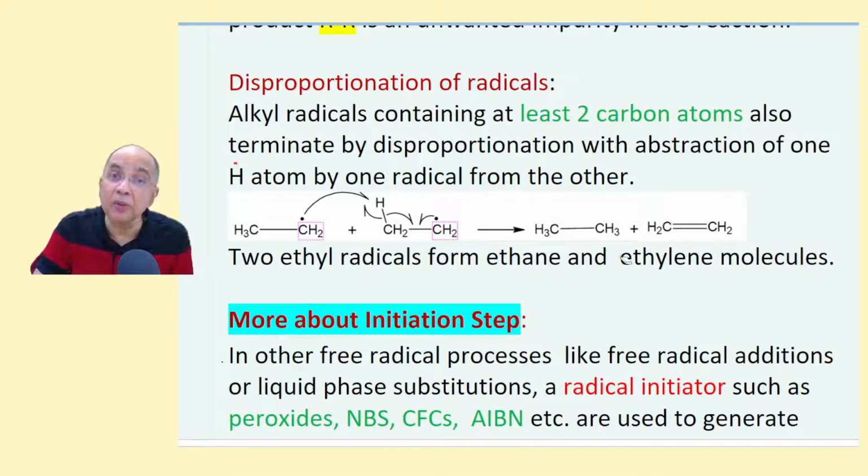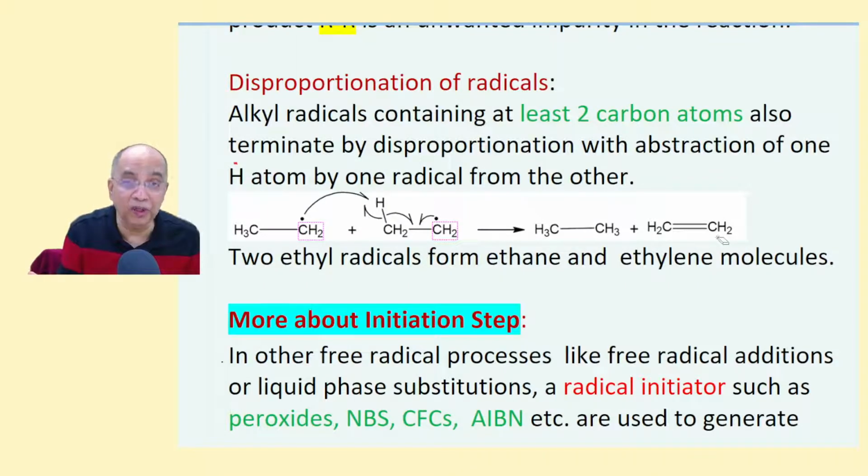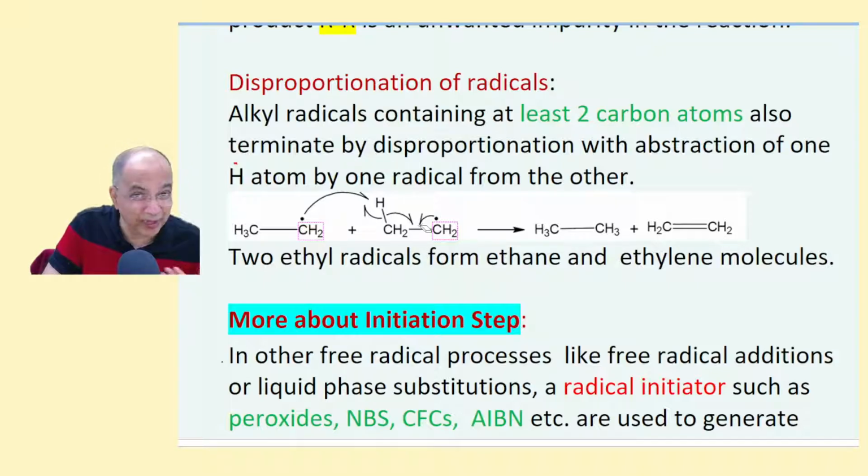But this will surprise you: how ethene, a double bond, will be formed. This is a radical substitution. The substitution product would be formed, and that is formed in large quantity. But a trace quantity of ethene can only be explained through this disproportionation radical mechanism.